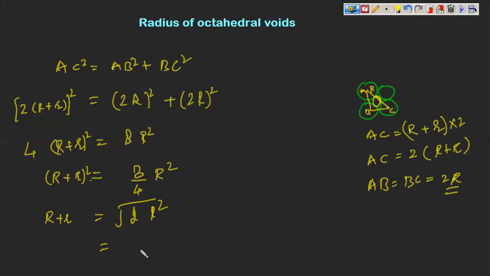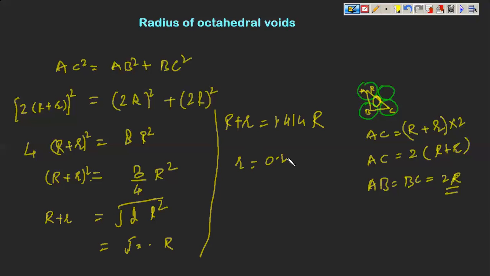You will find root 2 into R. If you open this square root, it will be root 2 into R. Again, capital R plus small r is equal to 1.414 capital R. Just take the small r value and you will find 0.414 capital R. So small r is equal to 0.414 capital R. So what does it mean?